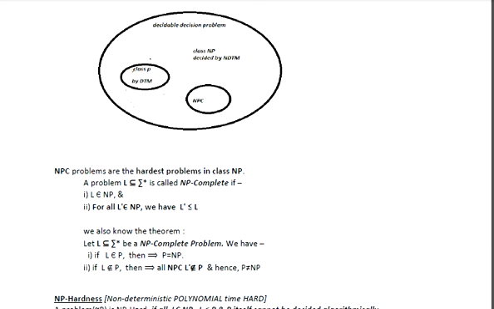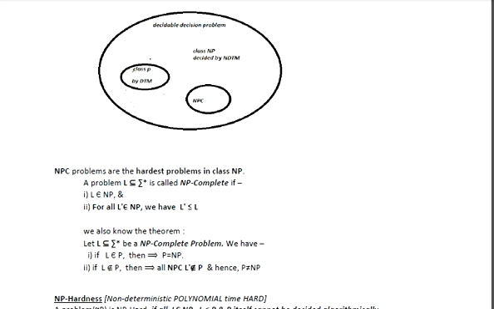Now we also have another theorem. If an NP complete problem is in class P, that is, if there is at least one problem in class P that is NP complete, then we can prove that P equals NP.